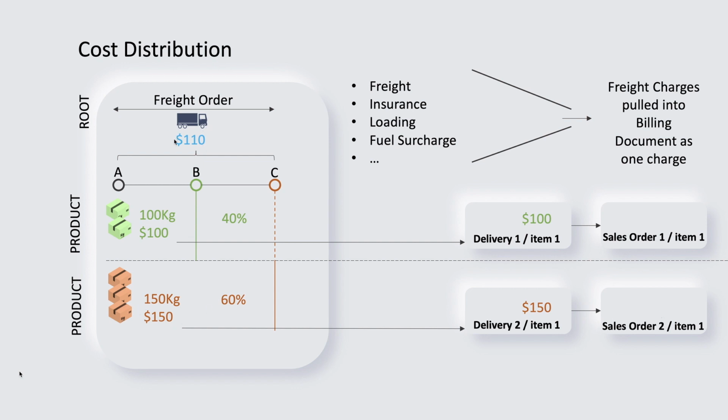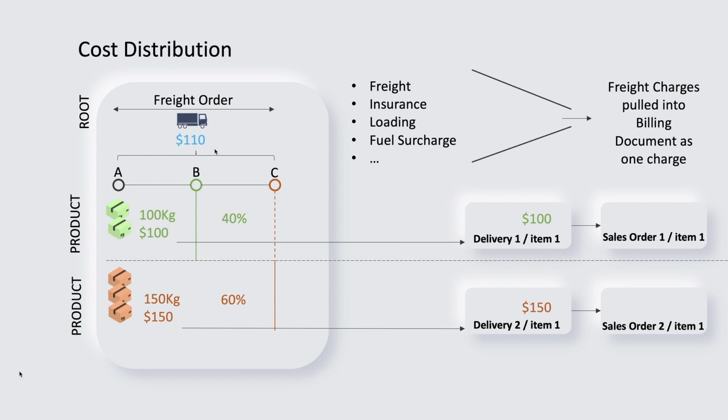But at the freight order level, we can also see that we have a charge of $110. So this is where the question comes in to say, well, what do we do with these $110? How do we distribute those $110 back to the sales orders that were transported in this particular freight order?